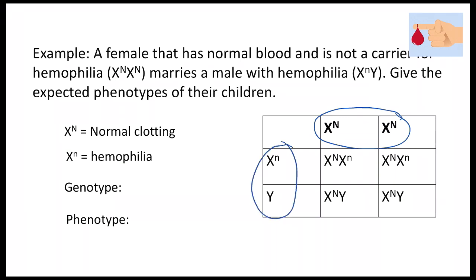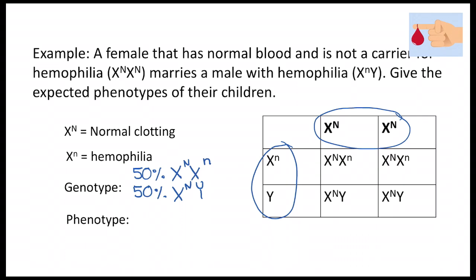Looking at the table, we can see that for the genotype, 50% are X capital N, X little n, meaning they're a carrier for hemophilia, and 50% are X capital N, Y, because the mom is normal and she is who is donating the X chromosome to the sons, so there is no chance that the sons could have the affected X chromosome.